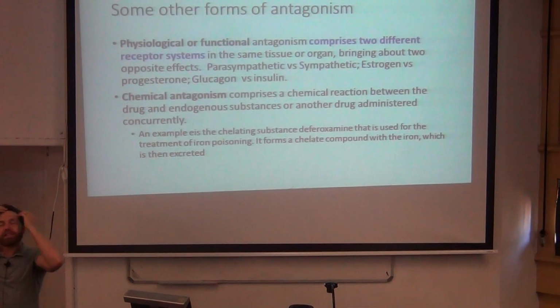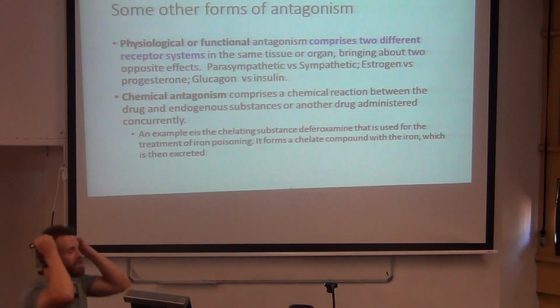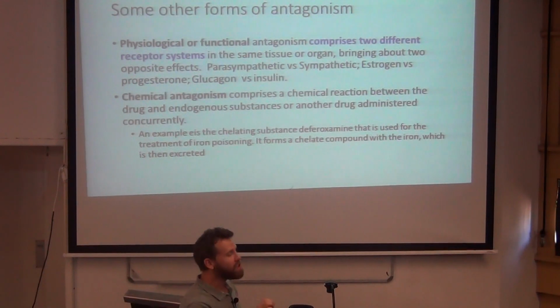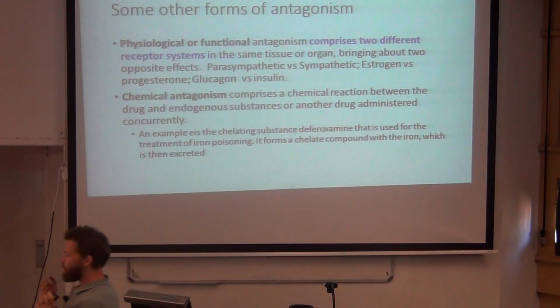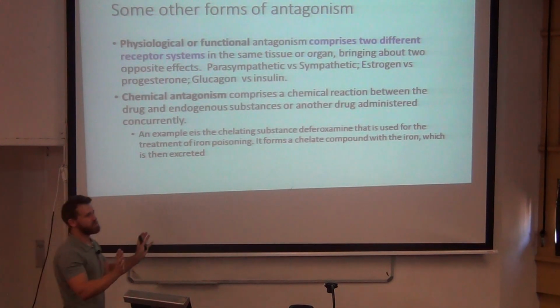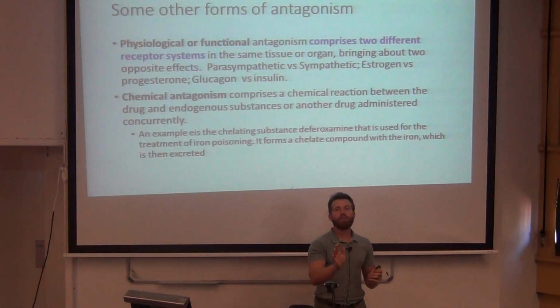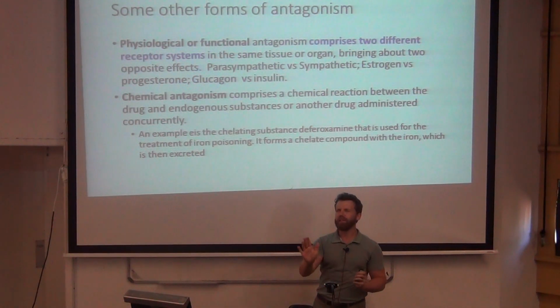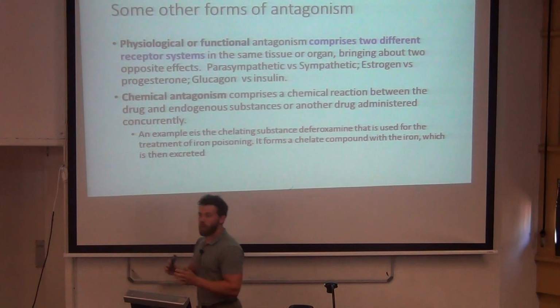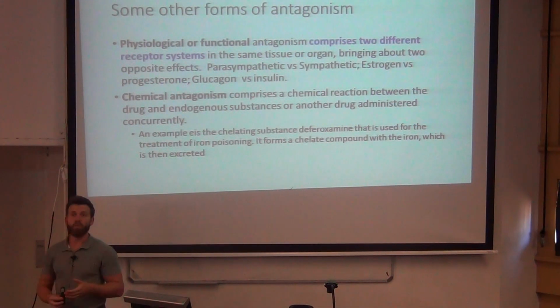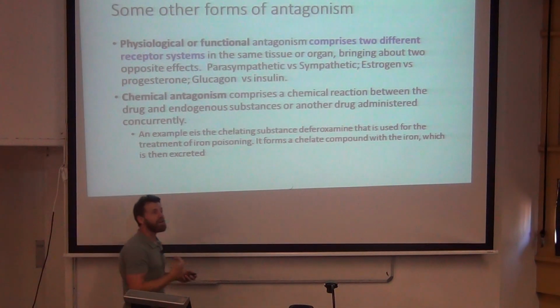So then we also get physiological antagonists of one another. So a physiological antagonist refers to things that antagonize each other's effect, but they work on completely different receptor systems. The one I can use here for you guys, my favorite, is the insulin and glucagon one. So your body would release a lot of glucagon when you don't have glucose in your bloodstream.